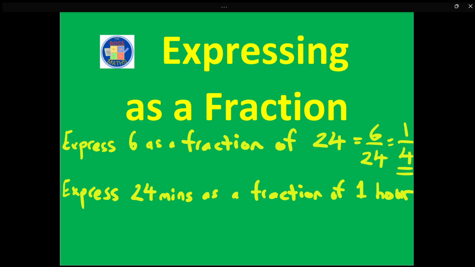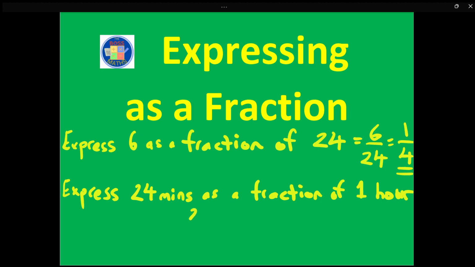Now, the first thing you need to do here is make the units the same. You can work in minutes or you can work in hours. But if you look at it carefully, it'd be more sensible to work in minutes, because that way both the numbers will be integers, so it'll be easier to simplify the fraction.